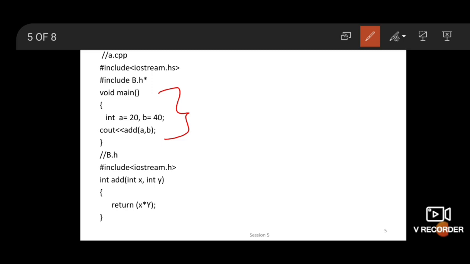When it comes to this instruction, cout add A, B, it stops the execution because the output of this instruction depends on the output of process B.